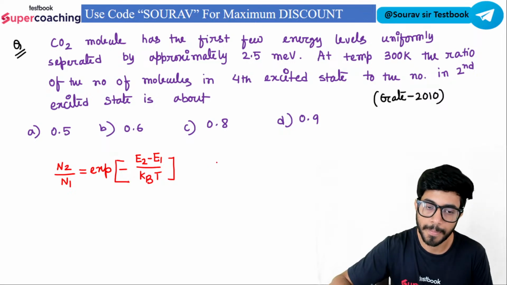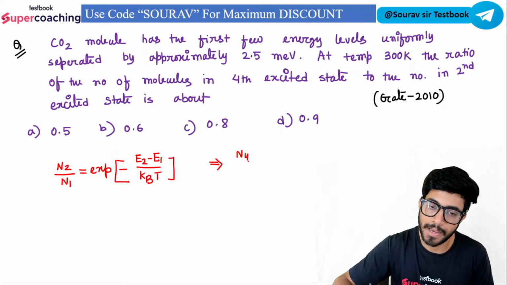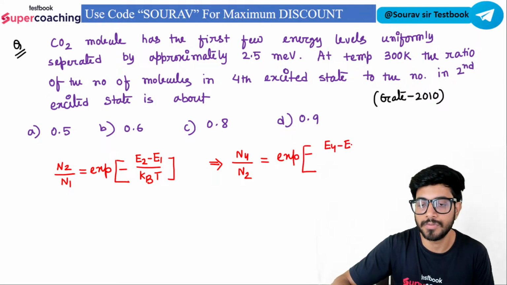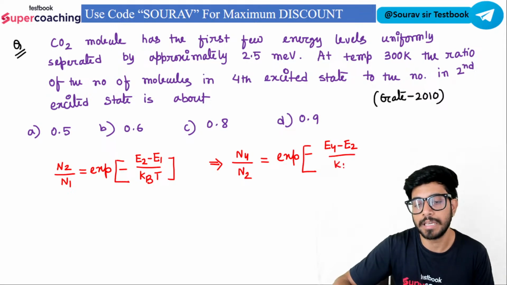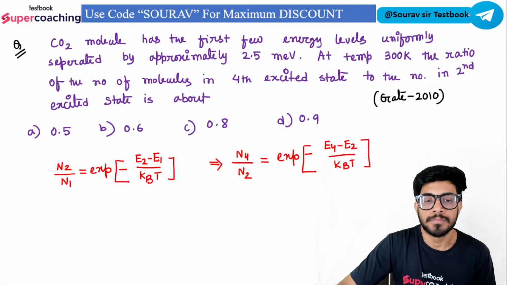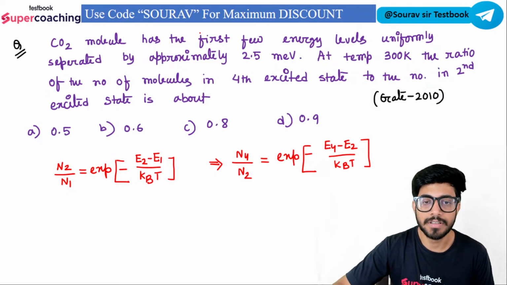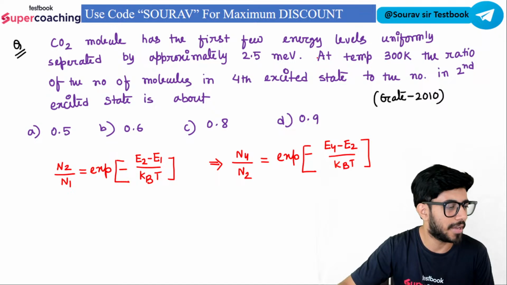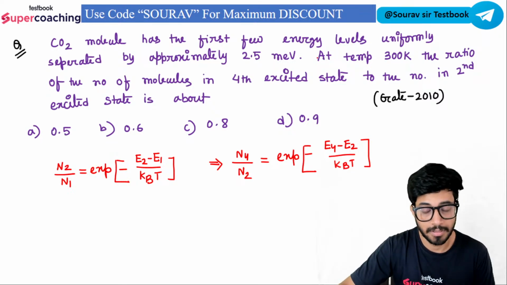So what should n4/n2 be? Exponential of negative of (E4 minus E2) by k_B T. The first few energy levels are uniformly separated by approximately 2.5 milli electron volt.